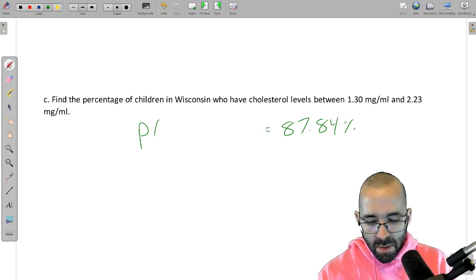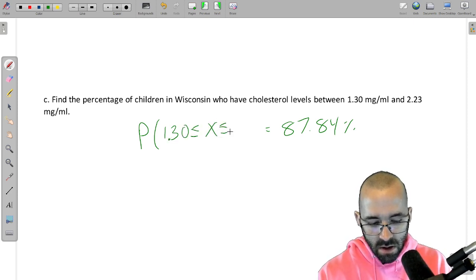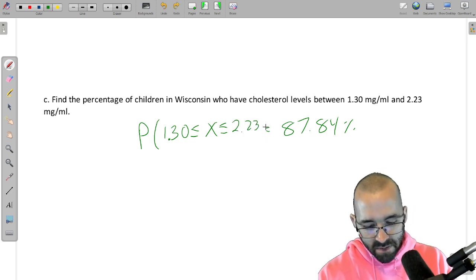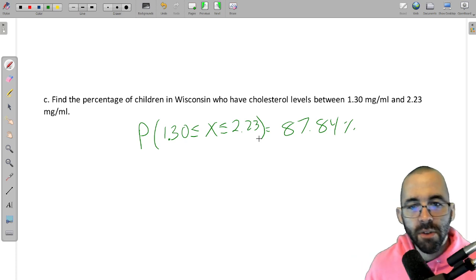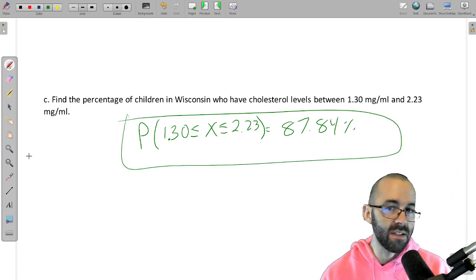So we can say the probability that a child's cholesterol level in this state is between these two values is about 87.84%. Pretty likely that you'd be between these two values.